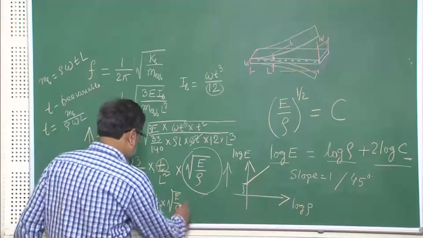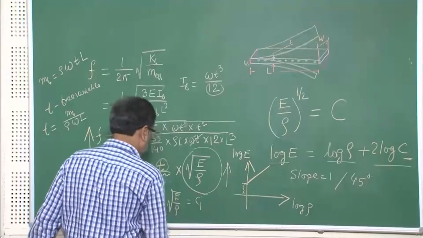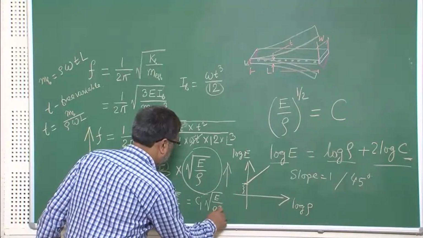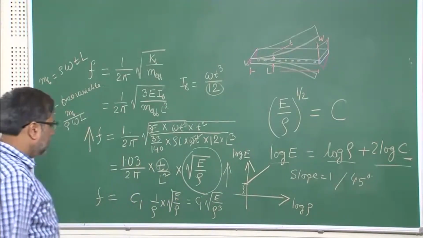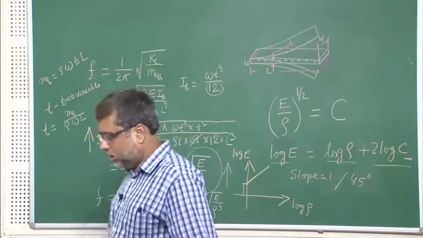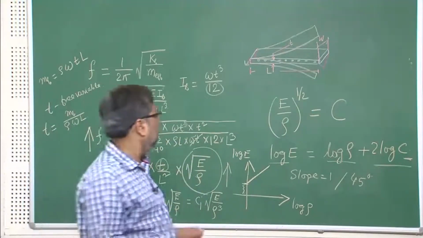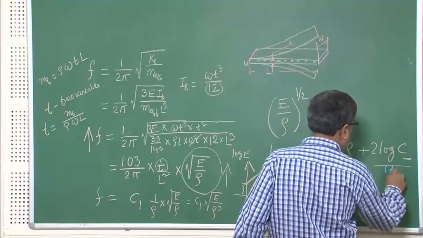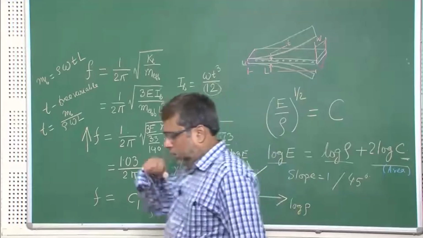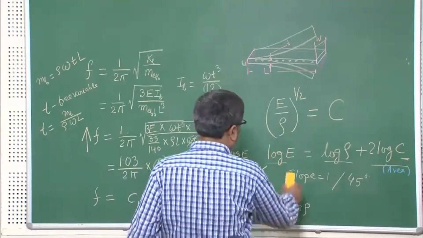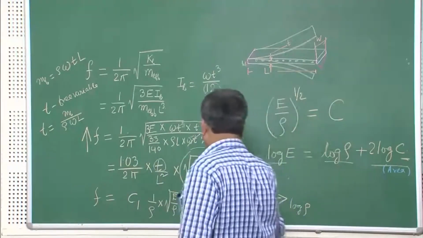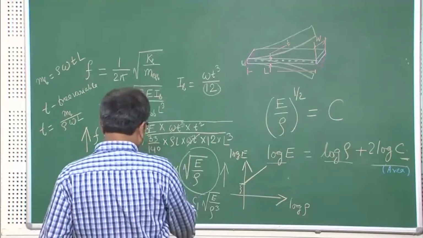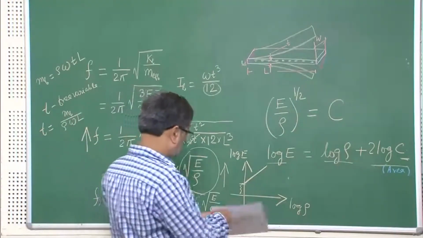In other words, this will look like C1 times square root of E over rho cube. So, this is what we had for area as the free variable, and let us put this new one just below this line, where we have f as C1 square root of E over rho cube.